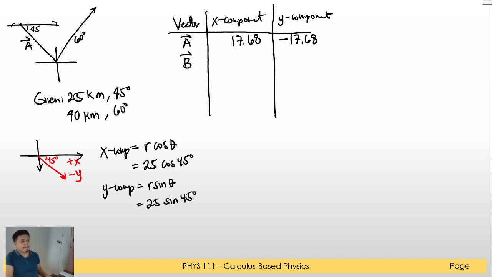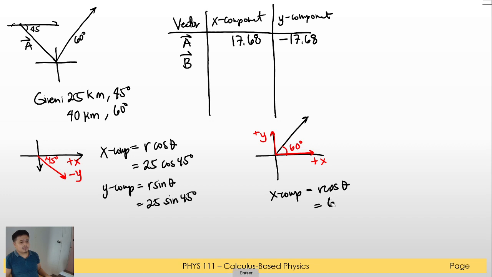For vector B, we have here 40 kilometers and 60 degrees. Visualizing this again, we have here 60 degrees. Since this lies in quadrant 1, towards the right is positive x, and upwards is y, so both x and y are positive. So we can solve the x component, that is r cosine theta, equal to 40 cosine 60.